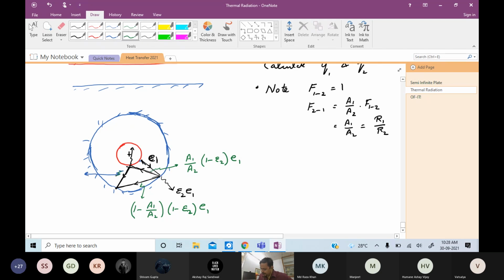How much gets reflected? 1 minus epsilon 1 times what went: a1 by a2 times 1 minus epsilon 2 times E1.